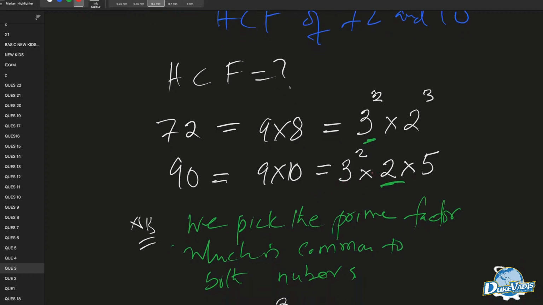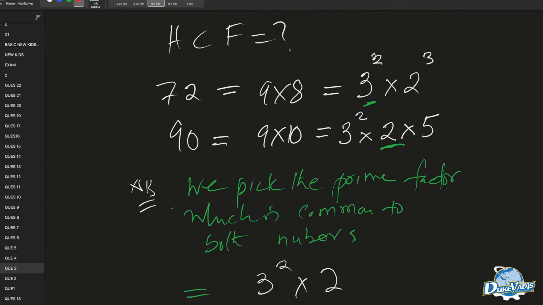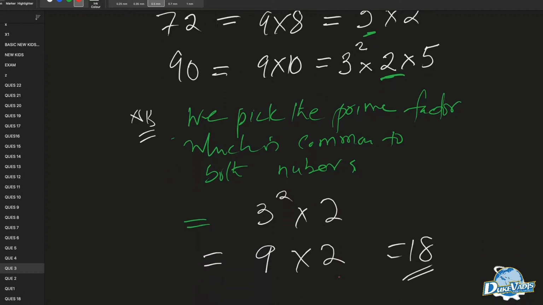The common ones are 3 squared and one 2, so we take 3 raised to the power 2 times 2, and that gives us 18.